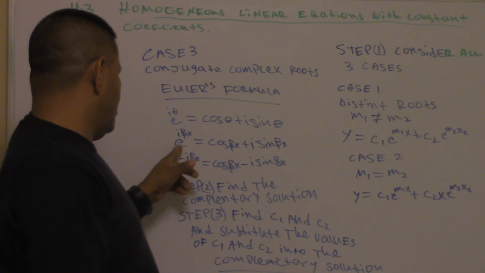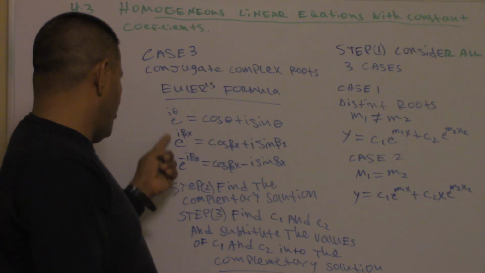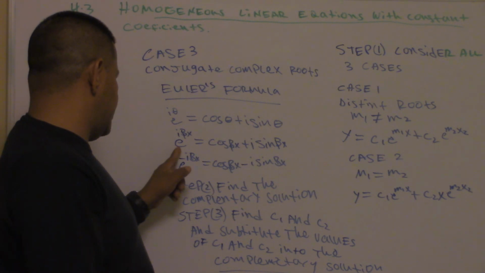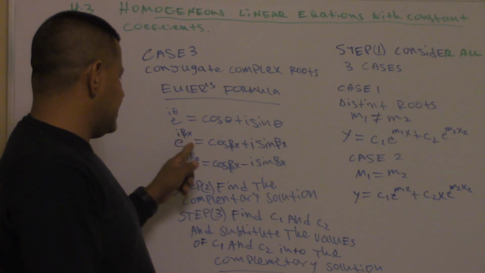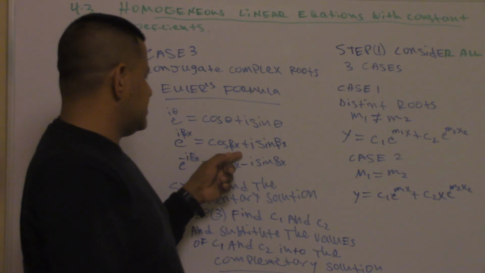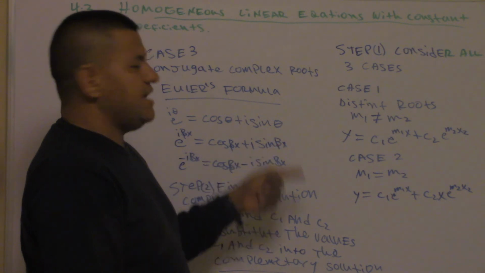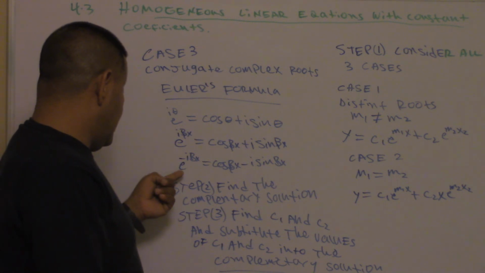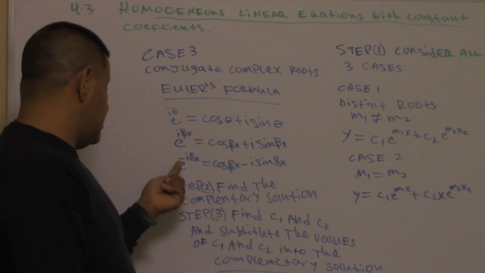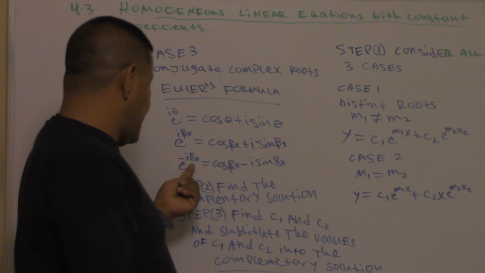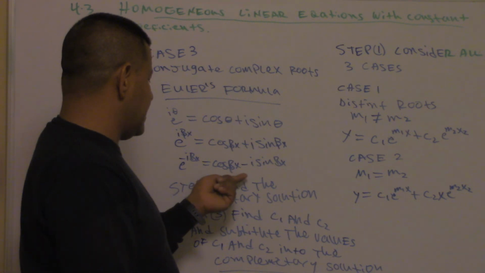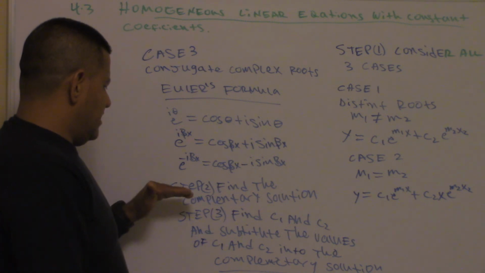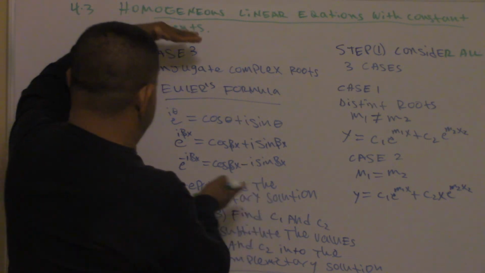The formula can be transformed into e to the i beta x equals cosine beta x plus i sine beta x, and the other one is e to the negative i beta x equals cosine beta x minus i sine beta x. And so this is step 1.